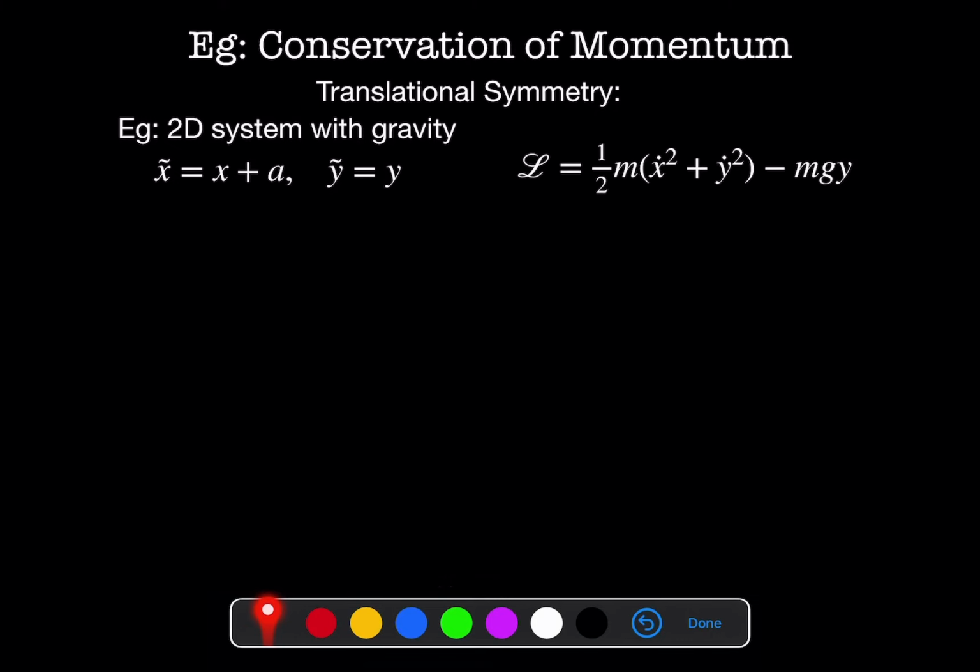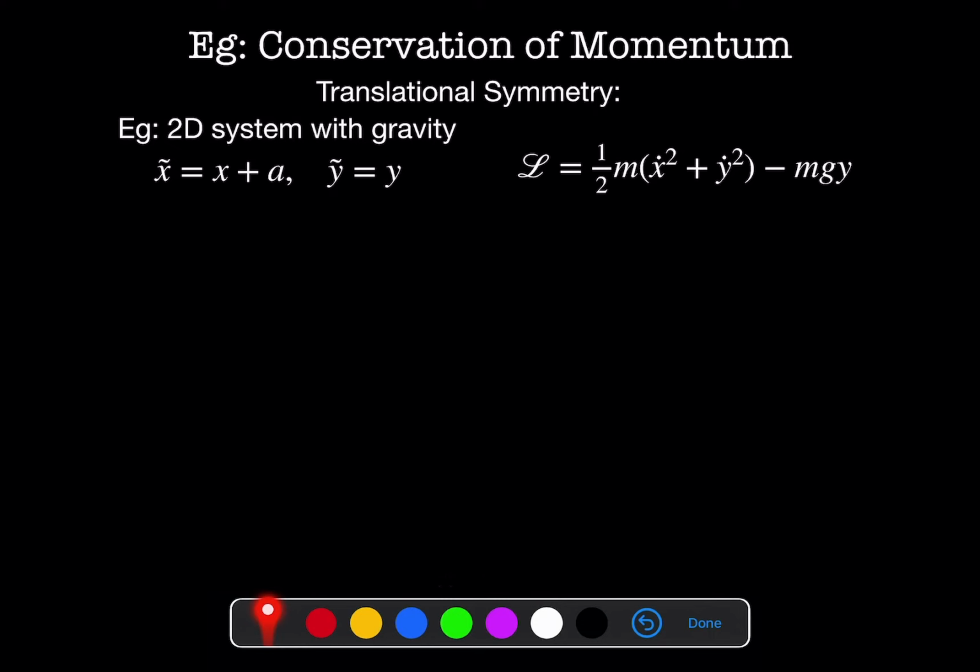So if I were to write down my Lagrangian, L is equal to 1/2 m (ẋ² + ẏ²) minus mgy. And this happens whether or not I have my x as x plus a or a regular x. I'm going to get the same kinetic energy.